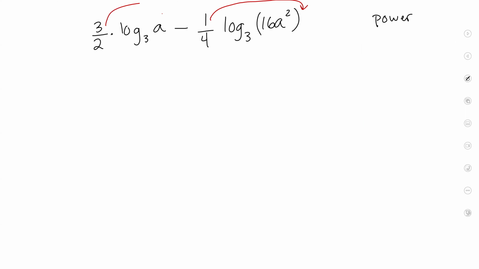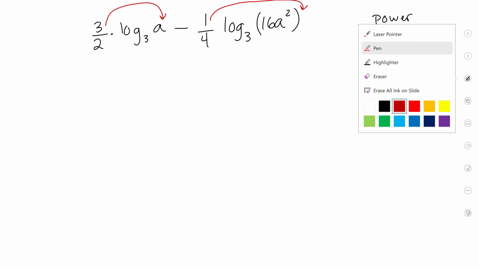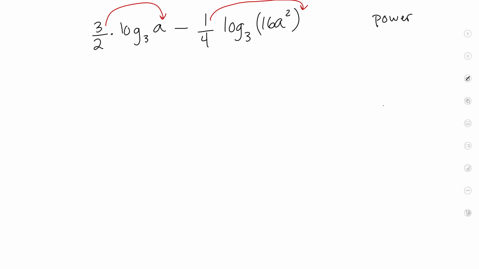This coefficient will become an exponent. So what I will have is log base 3 of a to the 3/2 minus log base 3 of 16a squared to the 1/4.